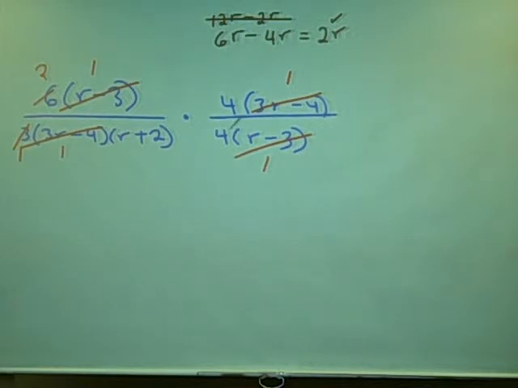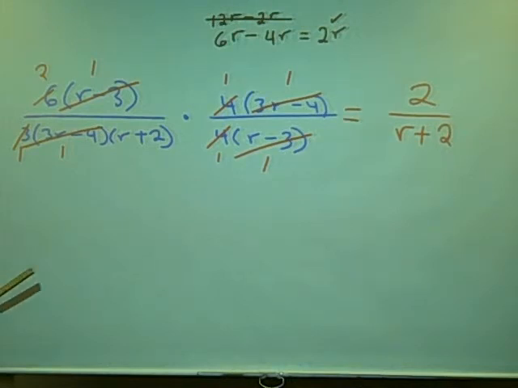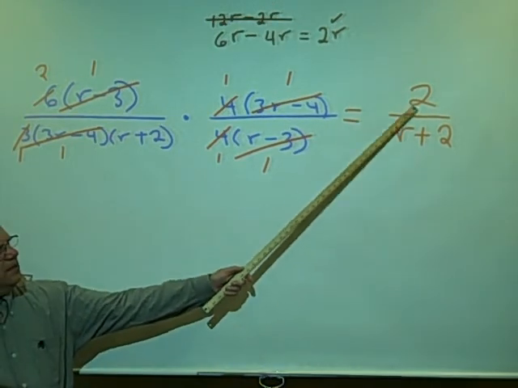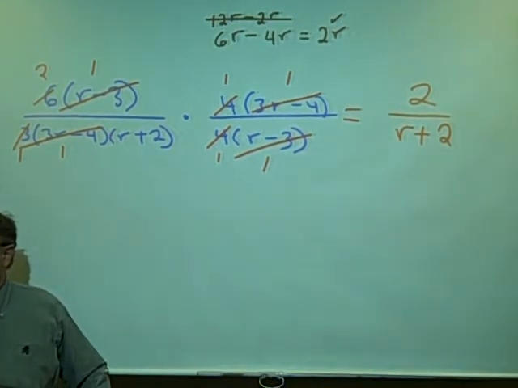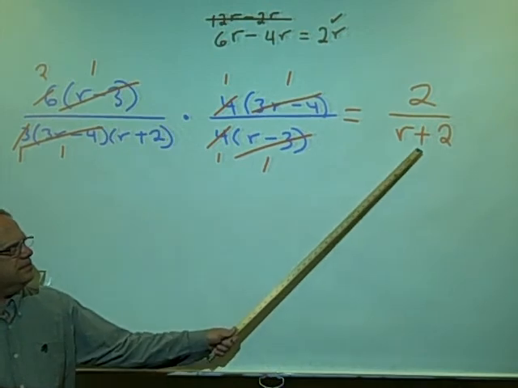The 4s, right. 4 goes in 4 once, 4 goes in itself once. So what we have left is 2 times 1 times 1 times 1, which is 2. And here we have 1 times 1, and then here we have r plus 2. And then 1 and 1. So this is r plus 2. Can the 2's cancel here and here? You can't, right? Because of the plus. Alright, good.